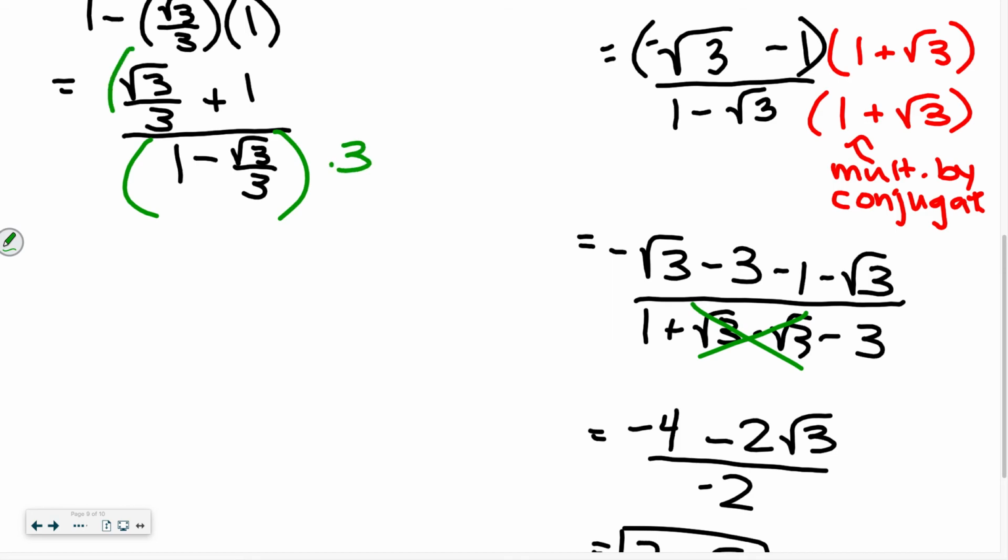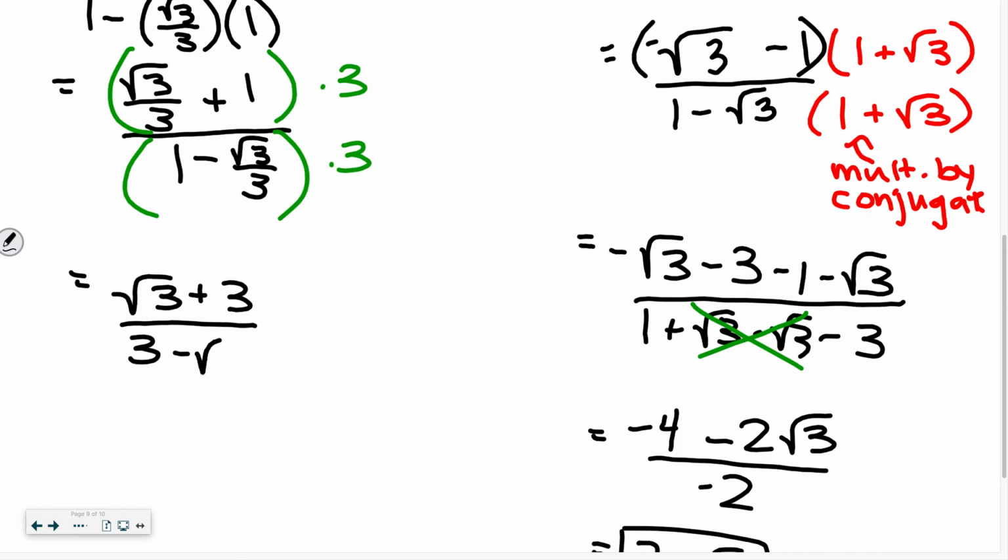So multiply by 3. And of course, to keep equality, I have to multiply by 3 over 3. So I'm really multiplying by 1. And what that does is that gives me square root 3 plus 3 over 3 minus square root 3. So notice I don't have the 1s anymore.